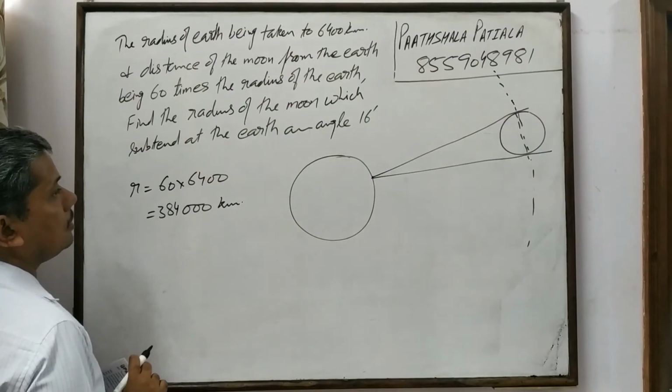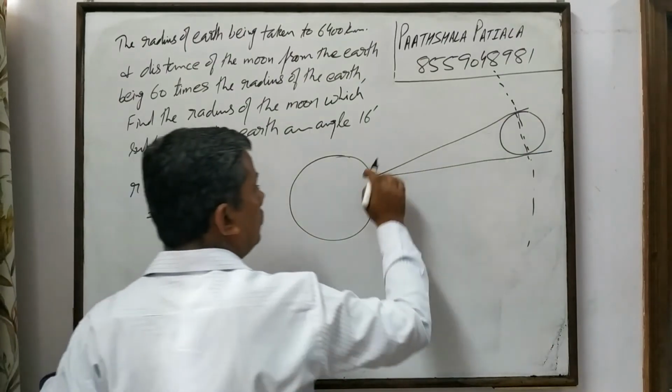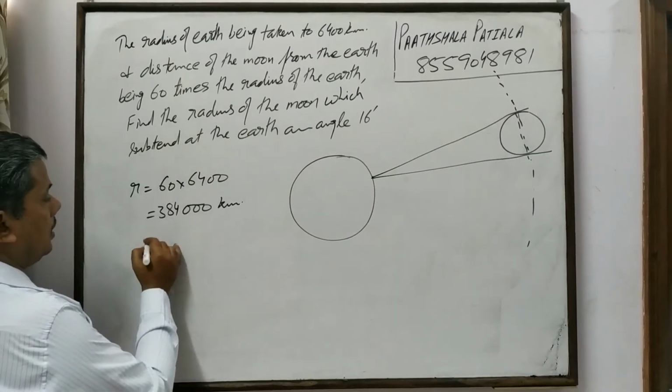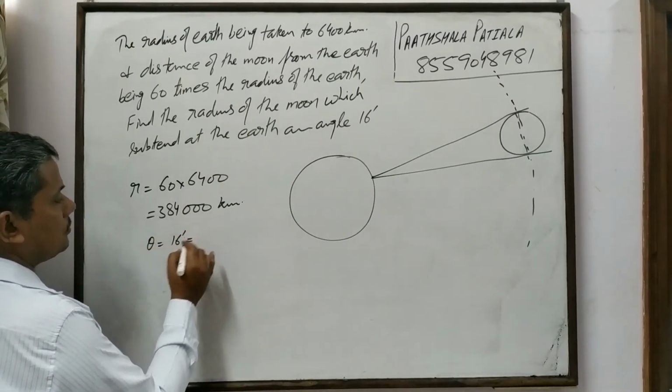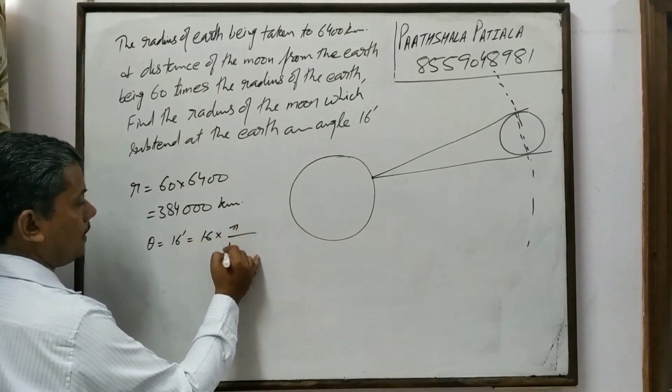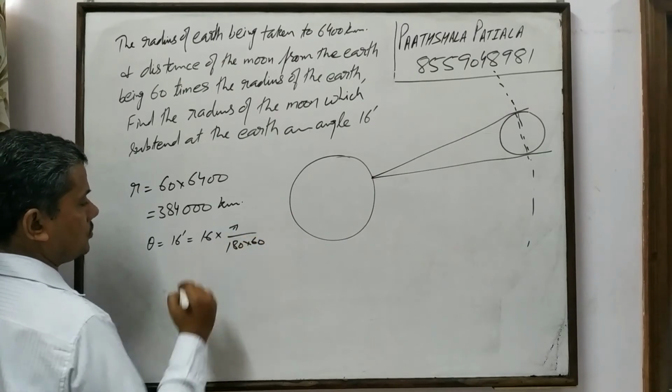That is the radius of the circle drawn from the surface passing through the moon. And theta is equal to 16 minutes. To convert this into radians, pi upon 180 into 60.